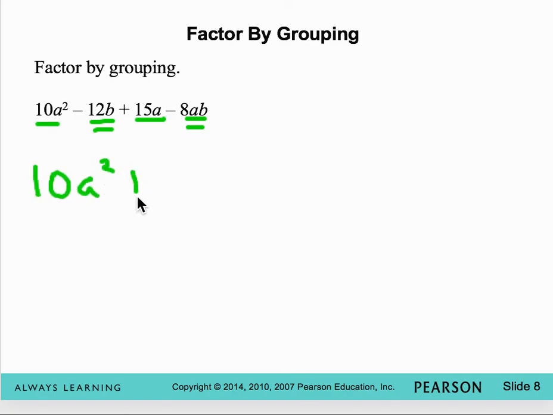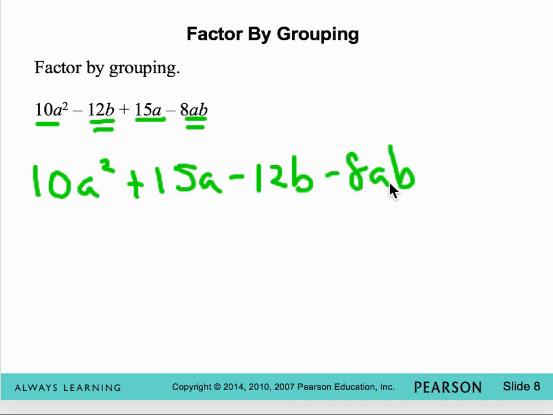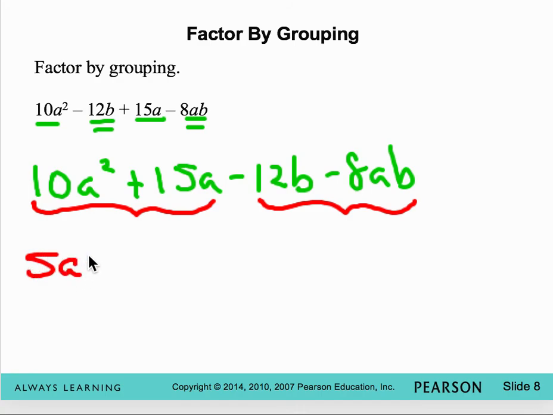10A squared plus 15A minus 12B minus 8AB. And I'm going to try it again. All right, I'm going to try my factoring again. So these two and these two now. Now I can factor out a 5A. And that's going to leave 2A plus 3.